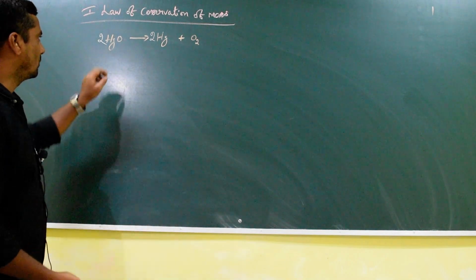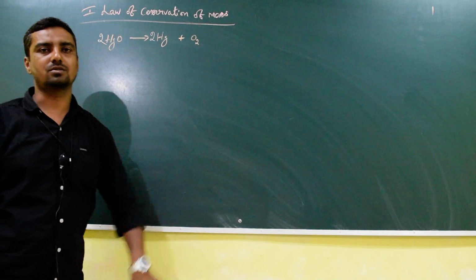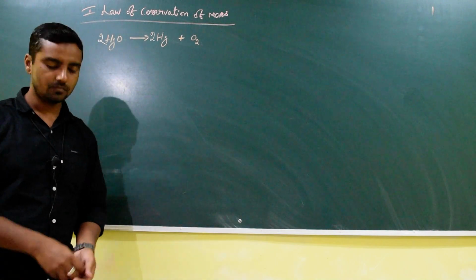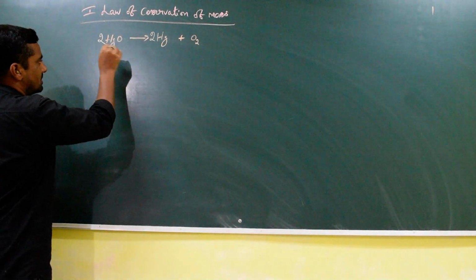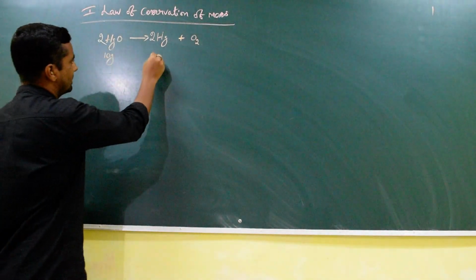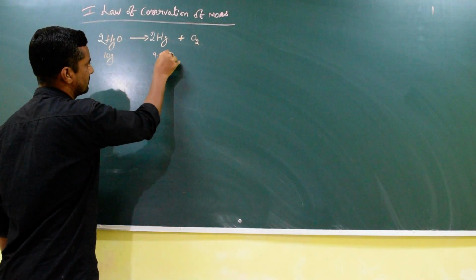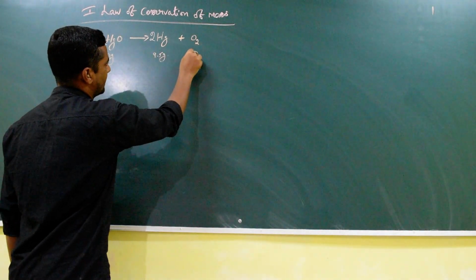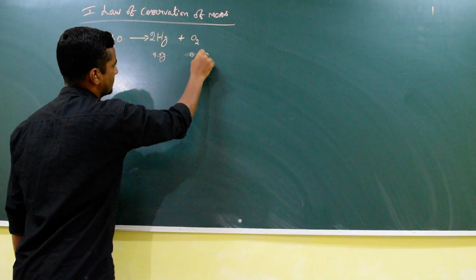So this mercuric oxide will be decomposed to give mercury and oxygen. Understood? The mass of it is about 10 grams. After decomposition it gives 9.5 grams and 0.5 grams.